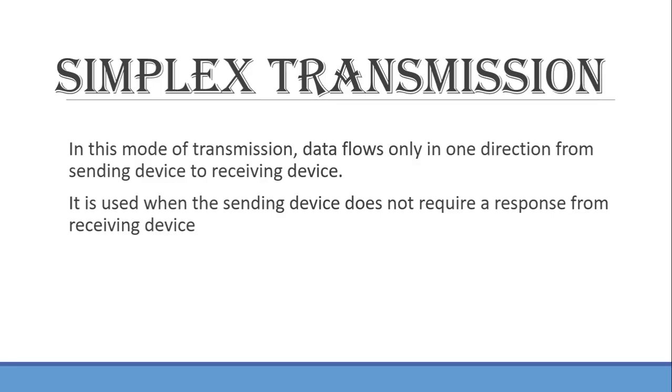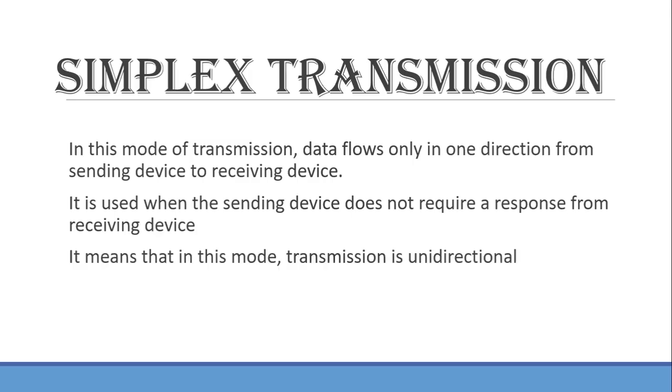All you have to do is send the data to the receiver, it is received, and that is it. So it flows in a single direction. That is known as the simplex transmission mode. It means that in this mode transmission is unidirectional.